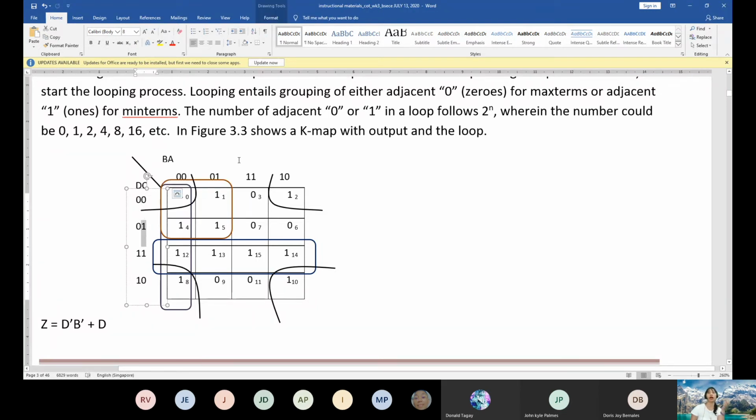If you have different inputs, both 0 and 1, that literal, or that input, is automatically cancelled or eliminated. So therefore for C, 0 and 1, what will happen to C, class?